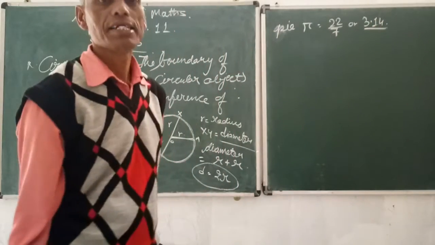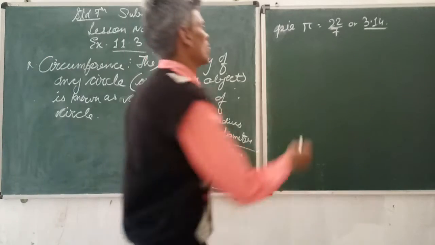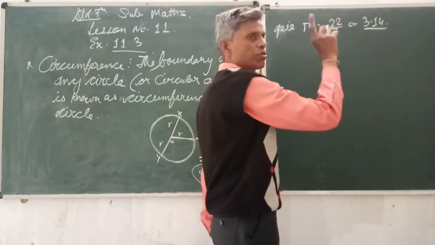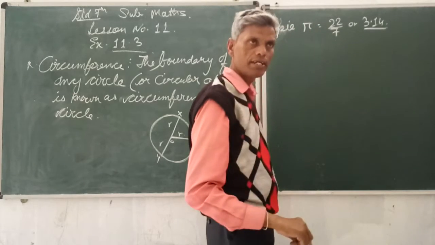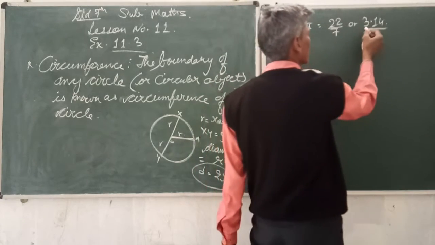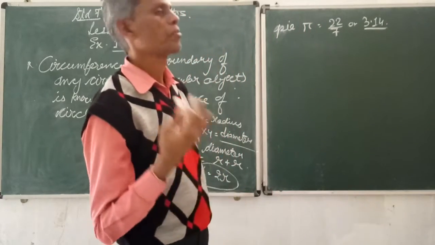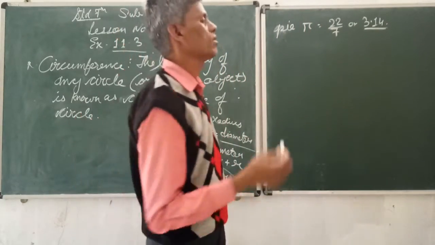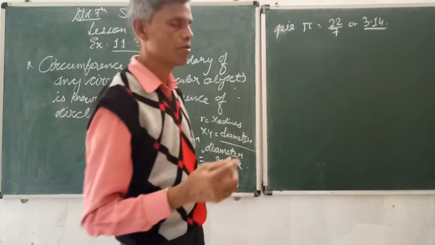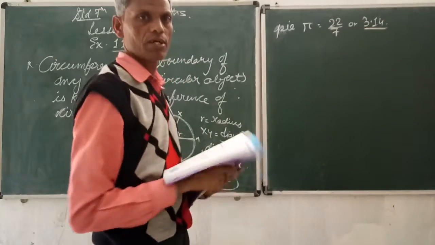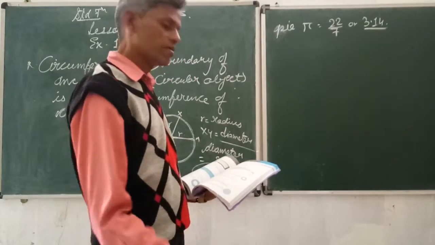Whenever R is given as 7 or 14, you take pi as 22/7. When you are asked to take pi as 3.14, the radius or diameter will be round figures like 10, 20, 15. Go through this video again and again, you will understand what I want to tell.